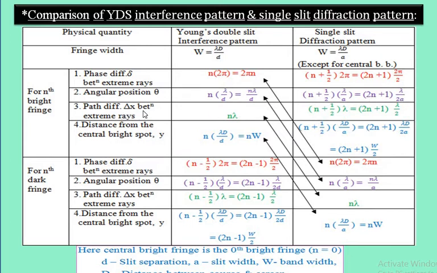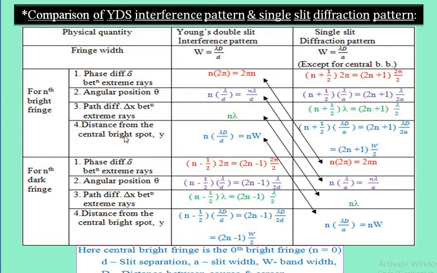The path difference delta x between the extreme rays. The path difference for interference bands is equal to n lambda, and for the diffraction pattern the path difference is given by n plus 1 half into lambda, which is equal to 2n plus 1 into lambda divided by 2.